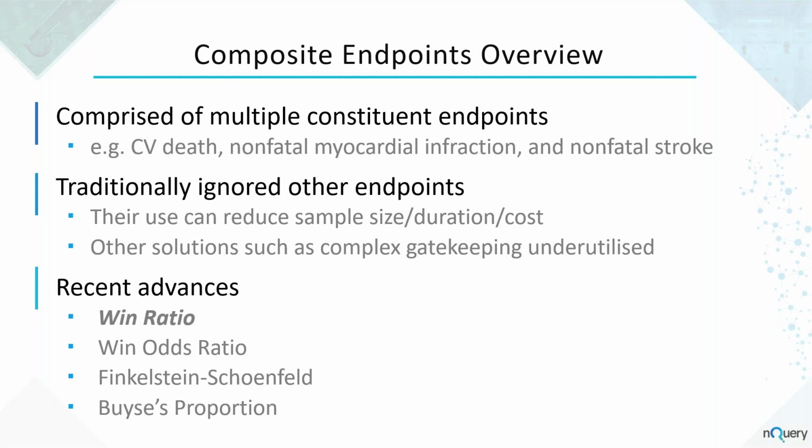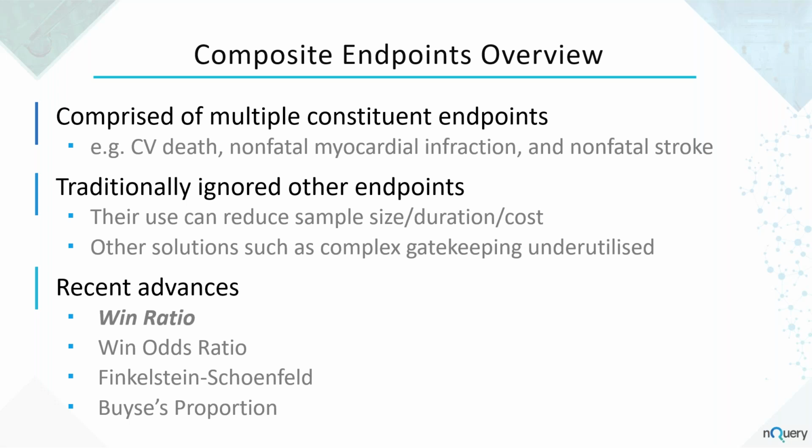So that brings to the fore other more simple methods, or maybe not even more simple, just more intuitive methods. So good examples of these would be the win ratio, the win odds ratio, the Finkelstein-Schoenfeld method, and Buyse's proportion in favor method. So all of these are actually quite similar.